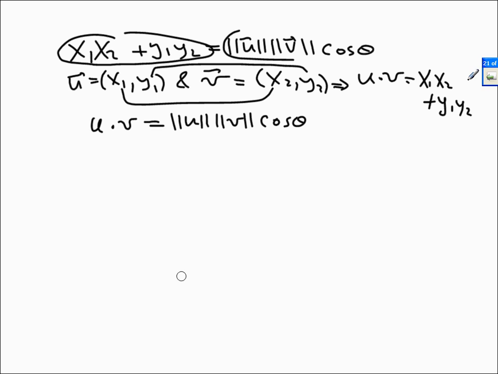The reason I needed to state that is because this very next line is very important. I want to know what the cosine of the angle is. That is, I'm going to divide, and the right-hand side is just cosine theta.